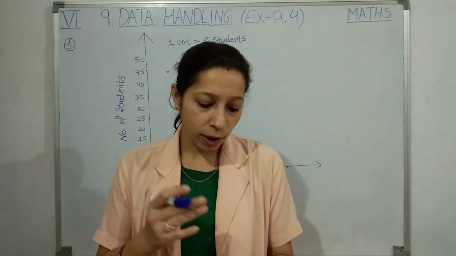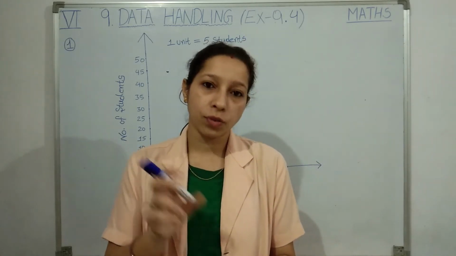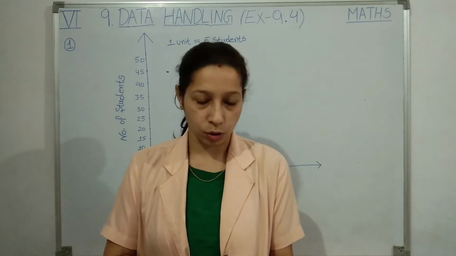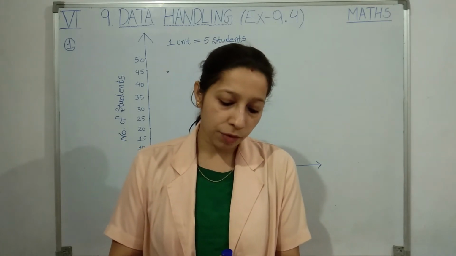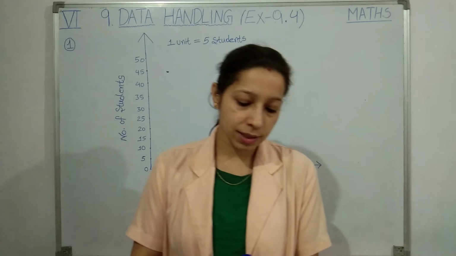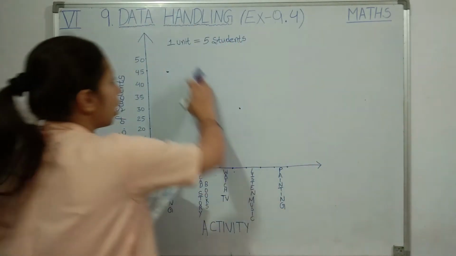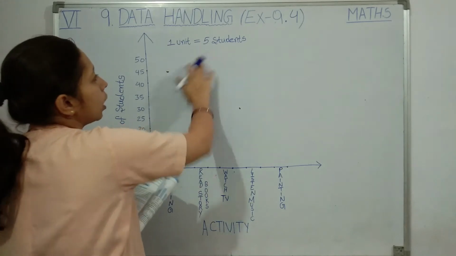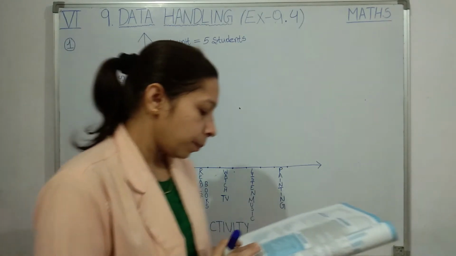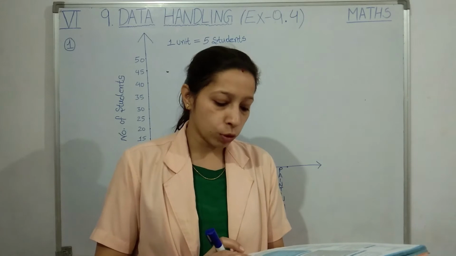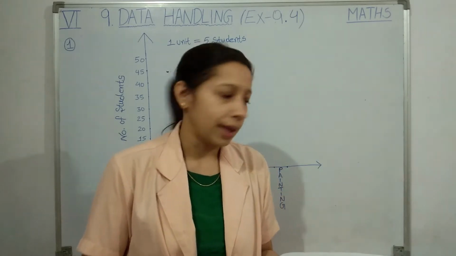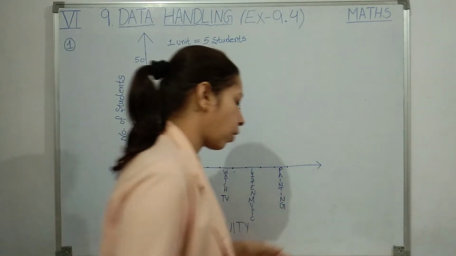The following activities are given and the number of students preferring those activities are also given to us. Draw a bar graph to illustrate the above data, taking a scale of 1 unit length equal to 5 students. Here the scale is already mentioned. Which activity is preferred by most of the students other than playing? Students, we will answer that after drawing the bar graph.